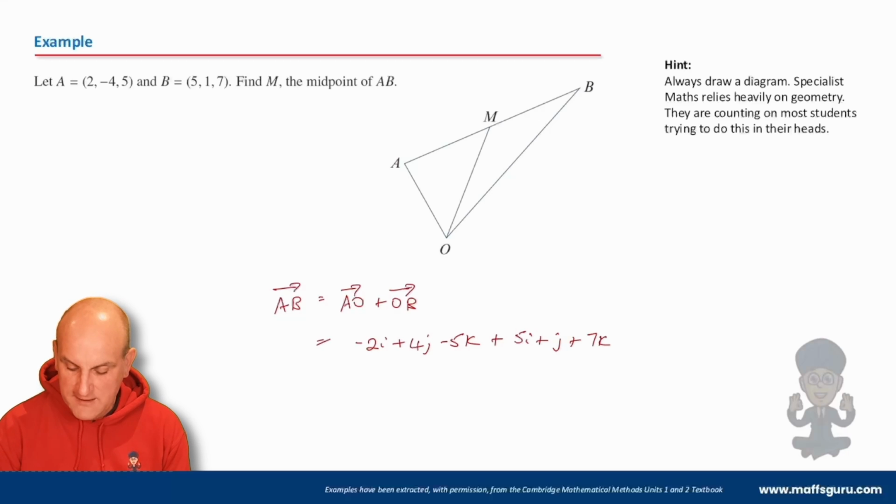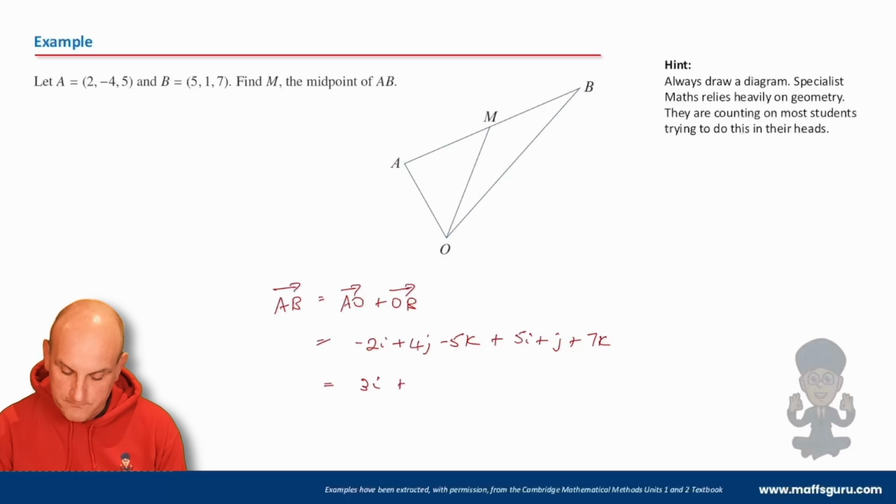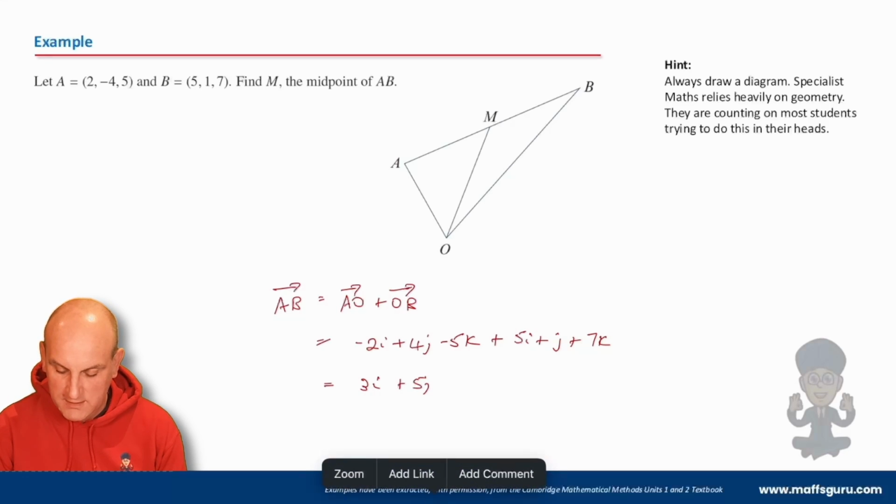plus O to B is going to be 5i plus j plus 7k. Now when we do that, we get minus 2 plus 5 is 3i. 4 plus 1 is 5j, and minus 5 plus 7 gives me 2k.